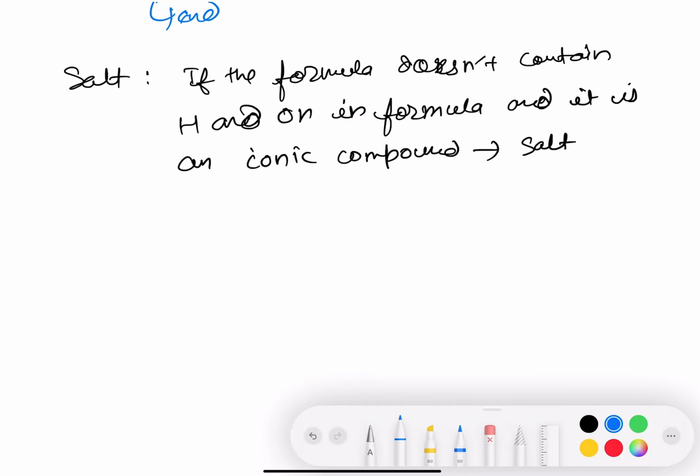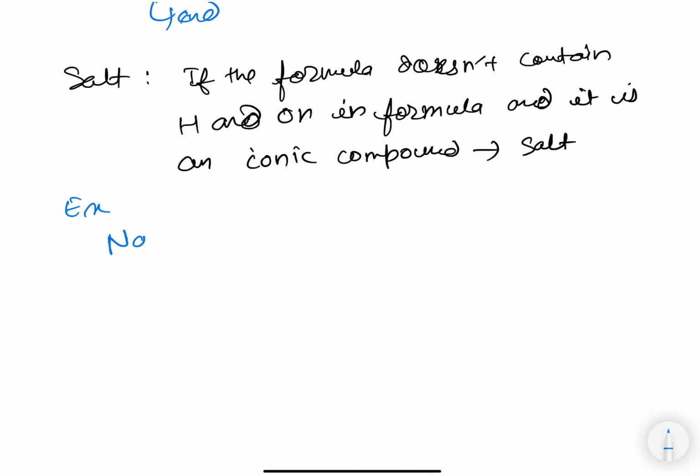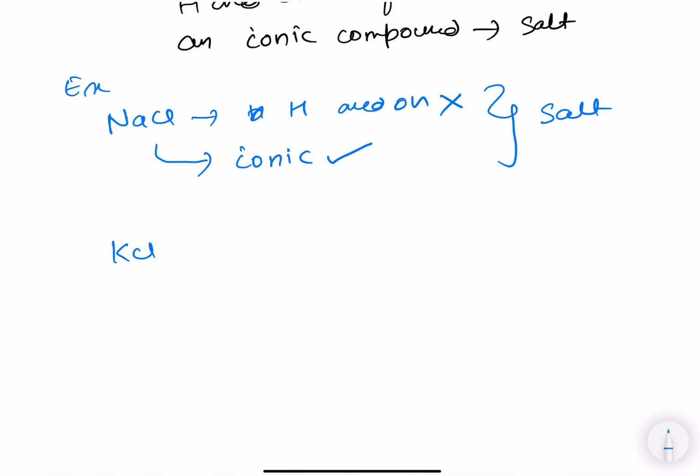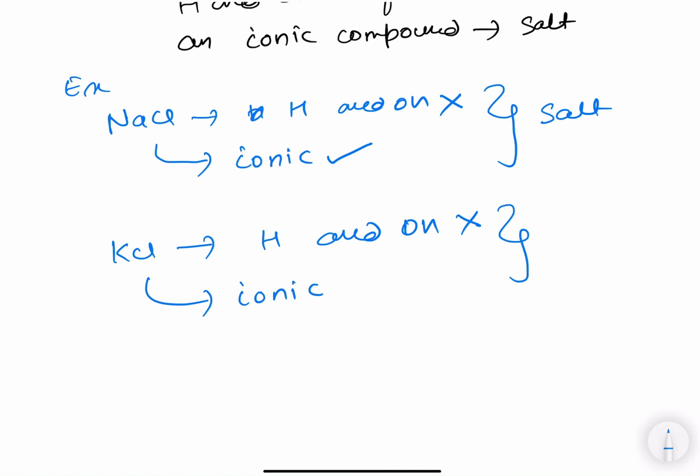For example, NaCl: it doesn't contain any H and OH, so the first criterion is fulfilled. Is this formula ionic? Yes, it is an ionic compound, so it is a salt. Similarly, KCl doesn't contain H and OH in the formula, and it is ionic. So the trick is, if the compound doesn't contain H plus and OH and it is ionic in nature, it is a salt.